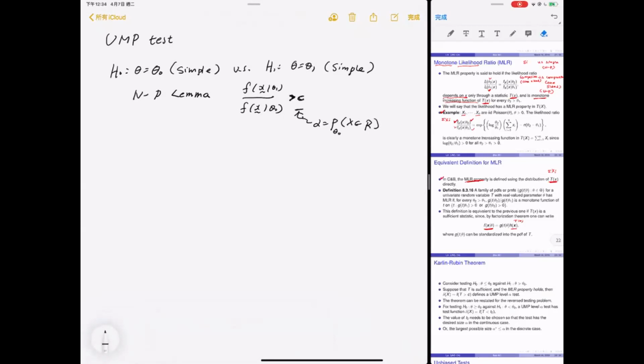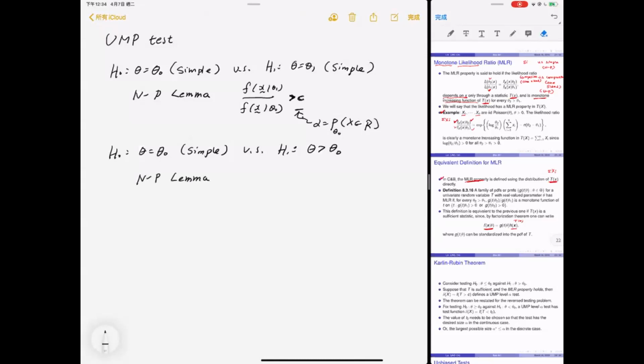Okay, and then moving on, what happens if I have simple versus composite on one-sided? In this case, what kind of theory are you going to use to find the UMP test? The answer is again using the Neyman-Pearson lemma.